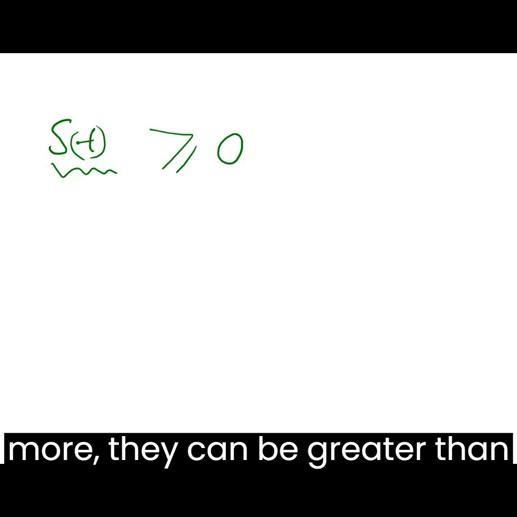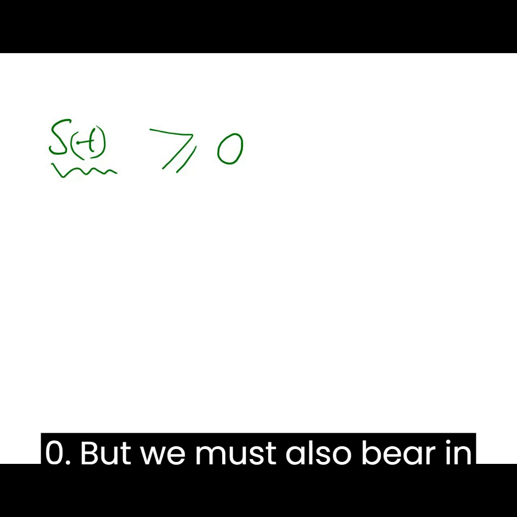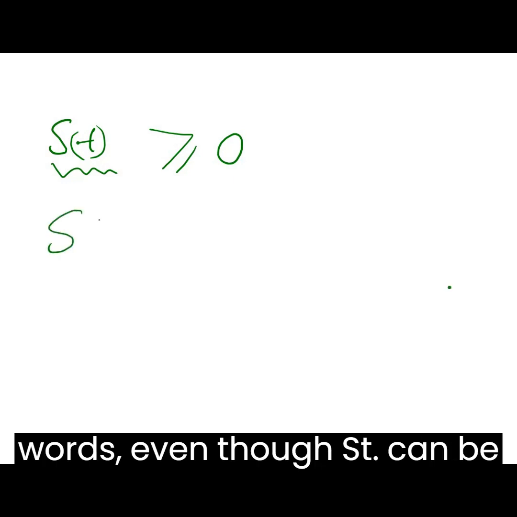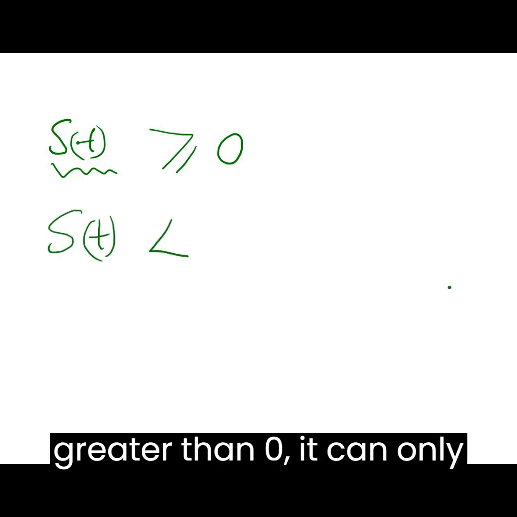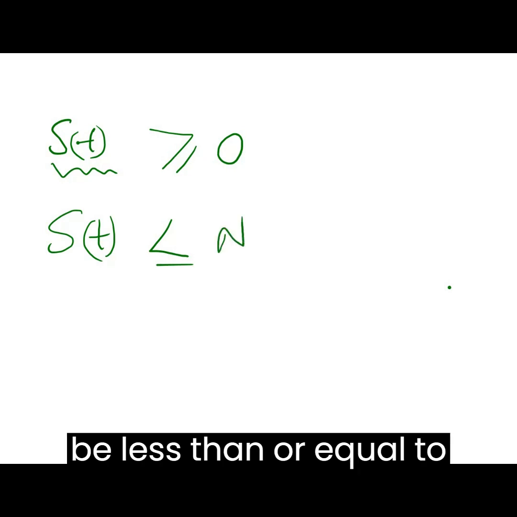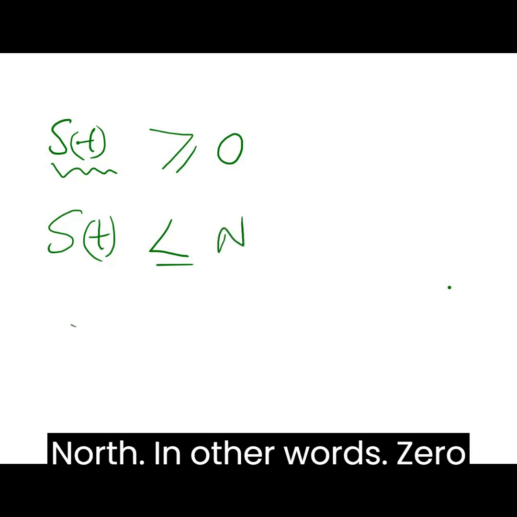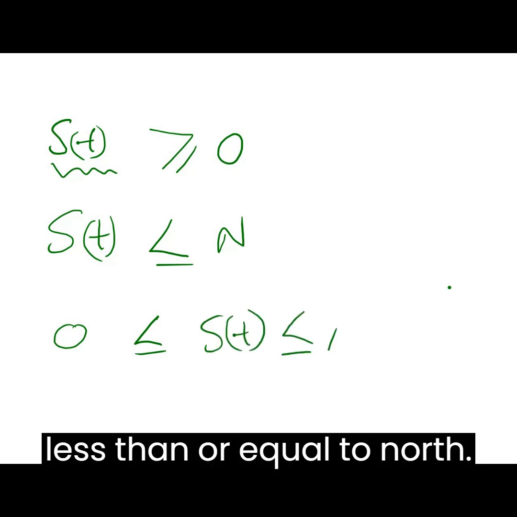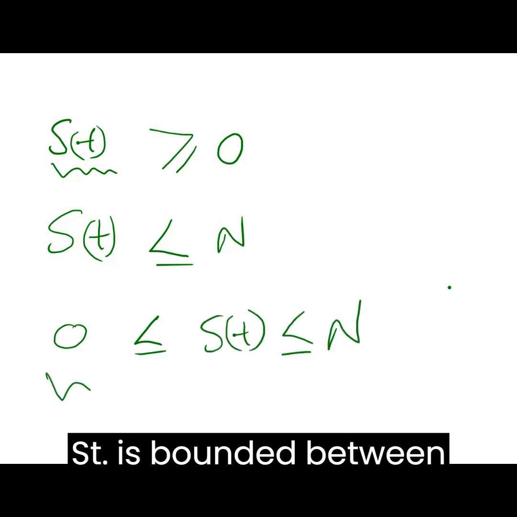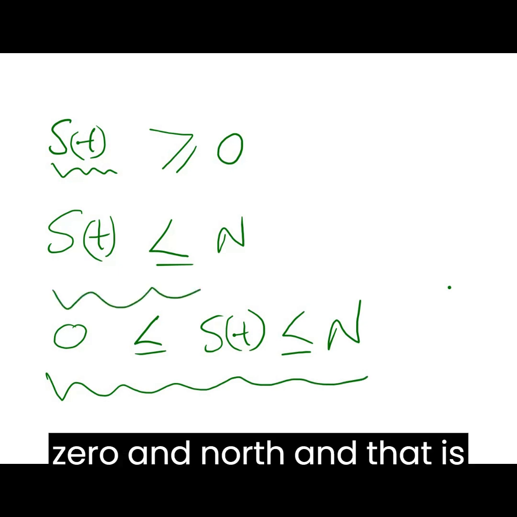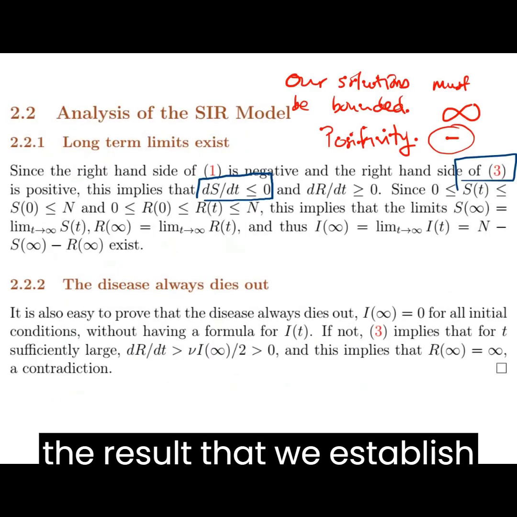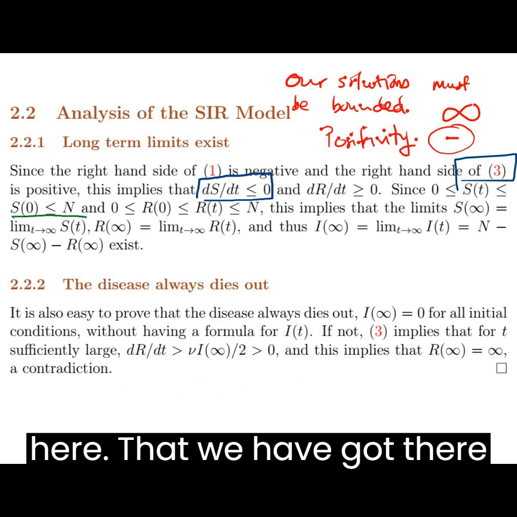But we must also bear in mind that the total population is N. So even though S(t) can be greater than 0, it can only be less than or equal to N. In other words, 0 is less than or equal to S(t), less than or equal to N. S(t) is bounded between 0 and N, and that is a result we establish here.